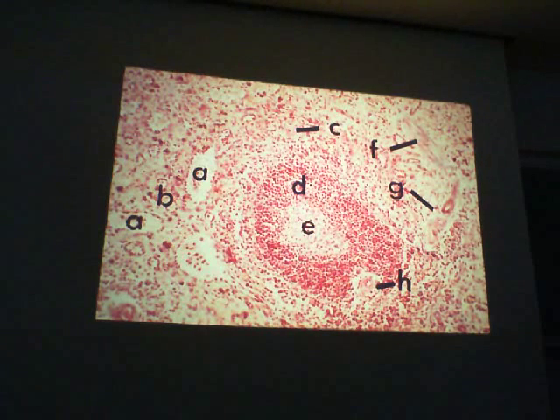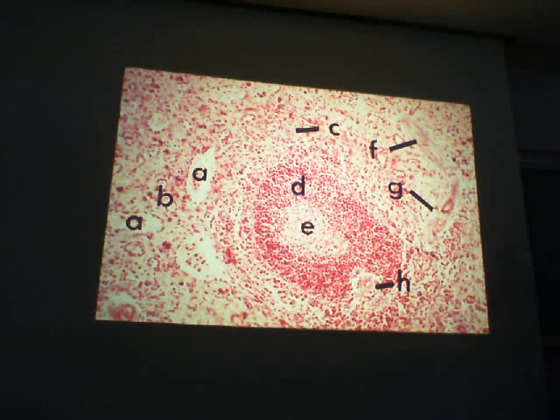Splenic nodule, and this would be a germinal center, and right there, what is that? Central artery, and surrounding that we have periarterial lymphatic sheath. On a lab practical, I would accept P period, A period, L period.